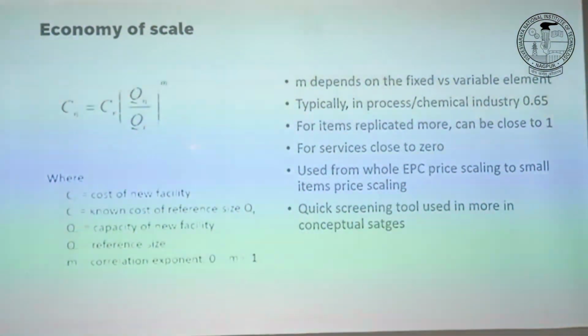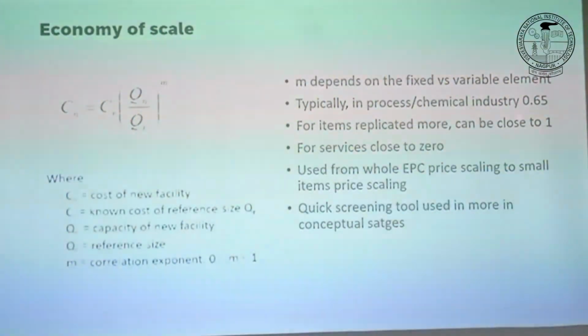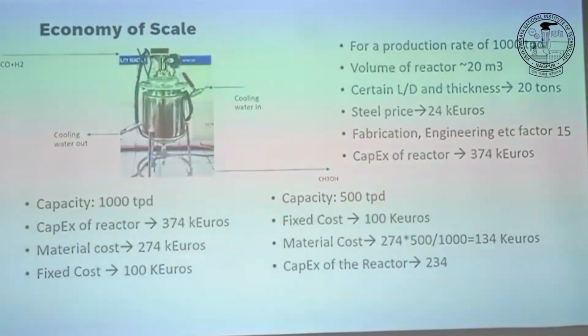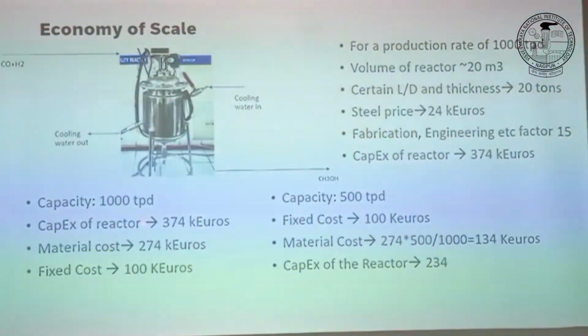So generally, in chemical plants it is 0.6 to 0.65. It can be a bit higher, a bit lower. What you have to be careful about is, if you start estimating the cost of this capacity from a capacity data point which is 10 or 20 times higher, then it's risky.